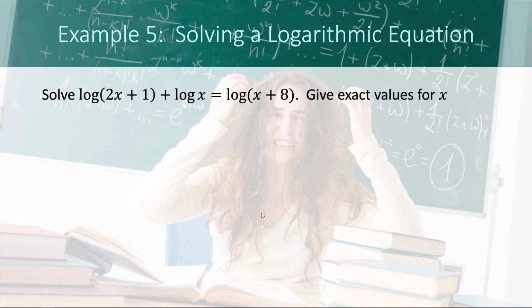Now let's take a look at this one over here. This one is the log of x squared plus 1 plus the log of x is equal to the log of x plus 8. And the first thing we want to do is deal with this using the product rule.